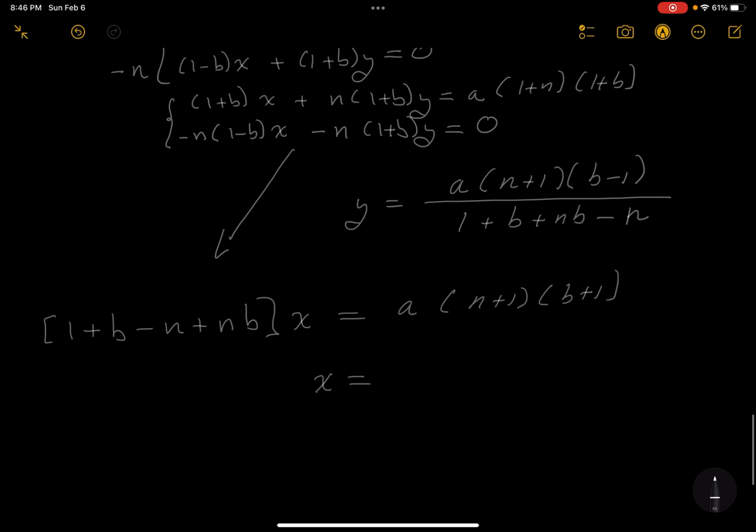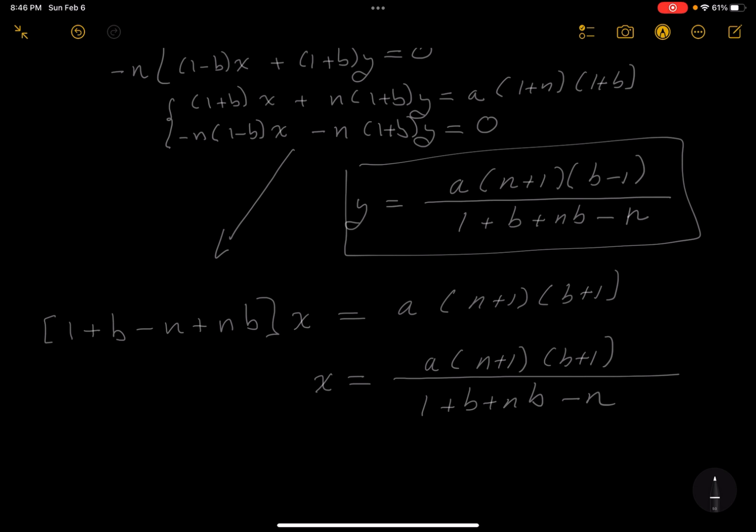And what's x going to be? And then we'll look at the key once I solve it. Hopefully I don't make any copy errors this time. A, n plus 1, b plus 1, and on bottom you're going to get 1 plus b plus nb minus n. Again, we've already verified this. And now I'll look at my x, see if my key is good.